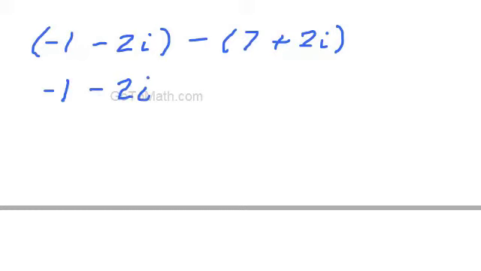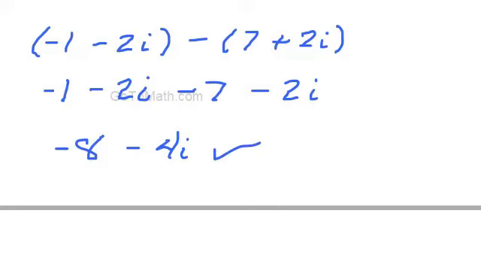However, you see this minus sign here. We're going to have to distribute this across, so this becomes minus 7 and minus 2i. Now we add the real part, that's negative 8, and then negative 2i minus 2i is negative 4i. There you go.